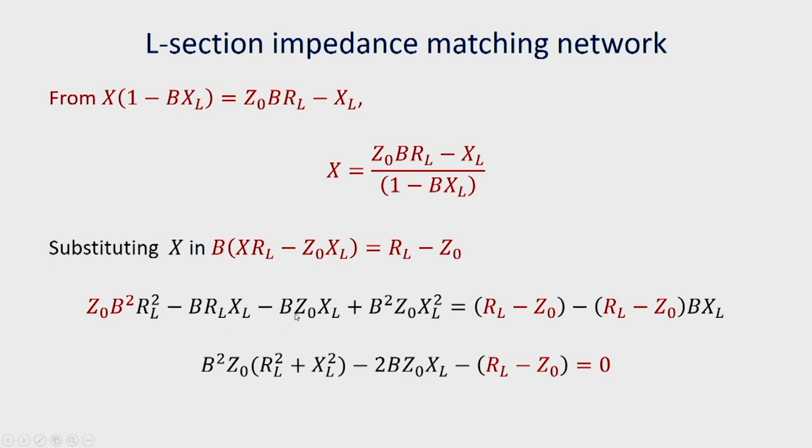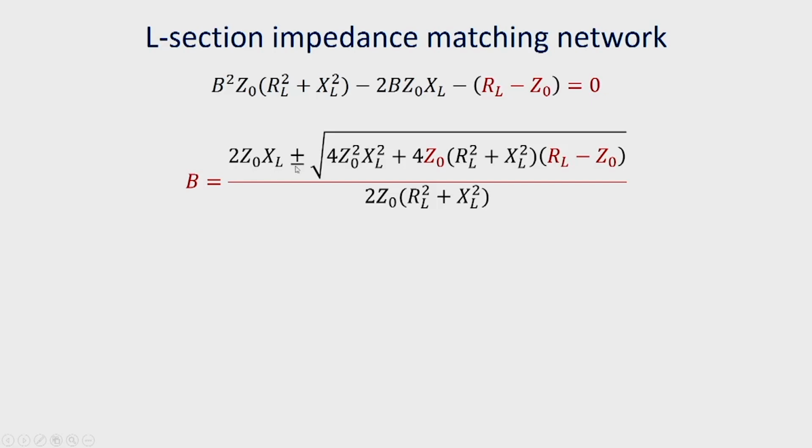Similarly, B Z naught XL is here, and from this side we will get another B Z naught XL, and finally we will be left with this quadratic equation in B, which can be solved, and we can write the solution of B as 2 Z naught XL plus minus the square root of (2 Z naught XL) whole square plus 4 Z naught RL square plus XL square into RL minus Z naught, and the entire term divided by 2 Z naught times RL square plus XL square. So, this can be further simplified.